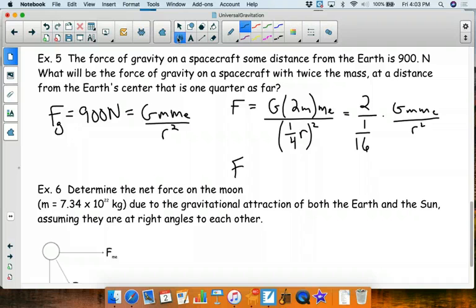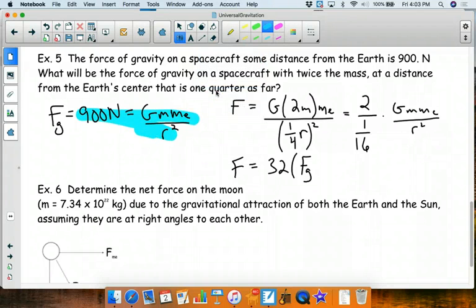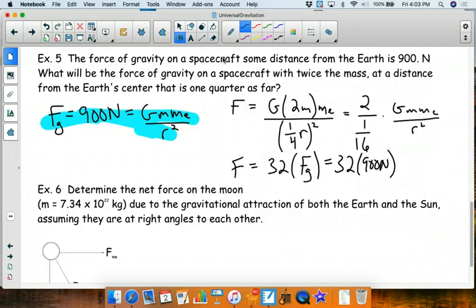So this is 32 times what we had from before, so this thing here. Which is just 32 times 900 newtons. And that gives you 28,800 newtons.